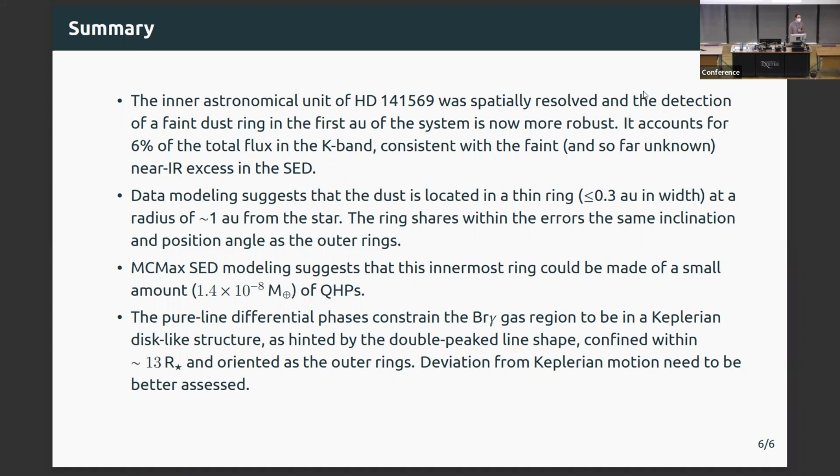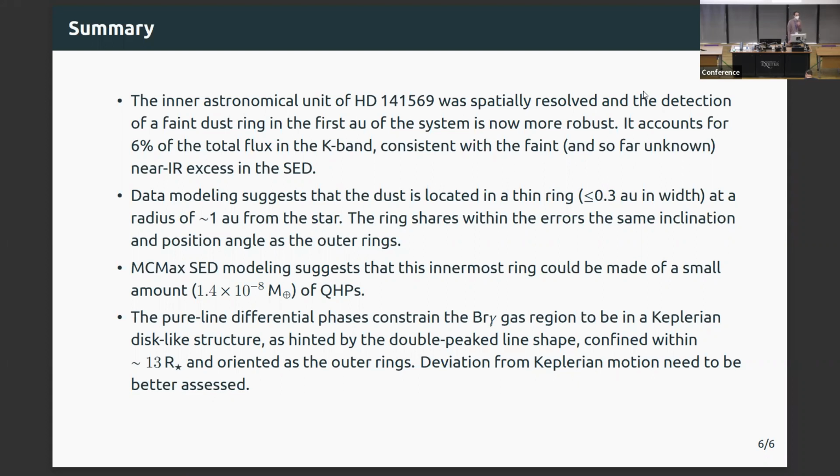But then my question is, could these small particles survive the radiation pressure from the star? And the second is this: you need only 6% of extended emission. So could this just be the scattered light from the outer disk? Do you really need a ring in the K-band range?